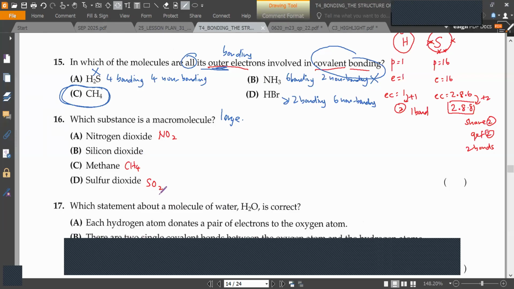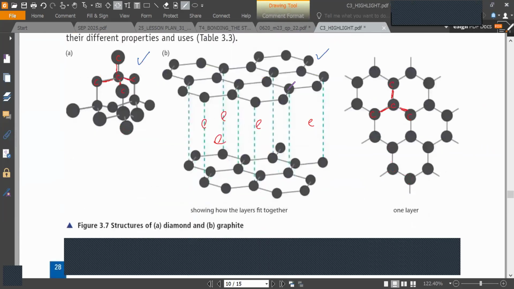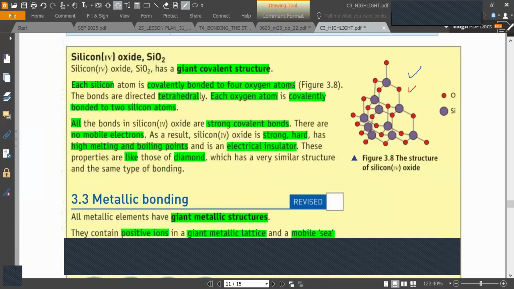So our answer is silicon dioxide, macromolecule. The others are simple, simple, simple. Silicon dioxide is SiO2, a macromolecule or giant covalent structure. So our answer is silicon dioxide.